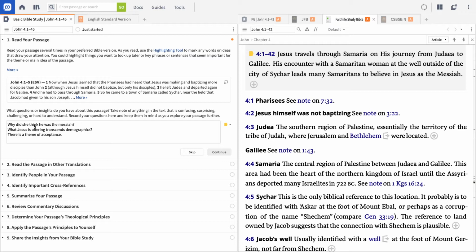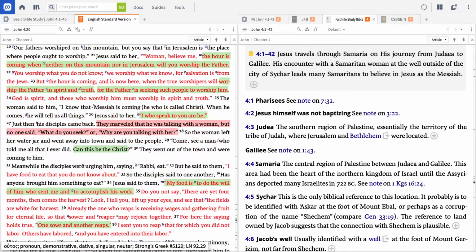Now, let's see. I think that's most of what I have. Questions, let's see, insights, take note of any text that is confusing, surprising, challenging. Let's see if there's anything challenging.